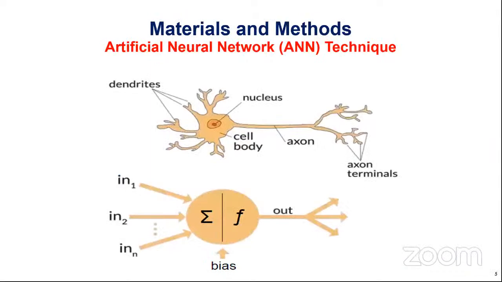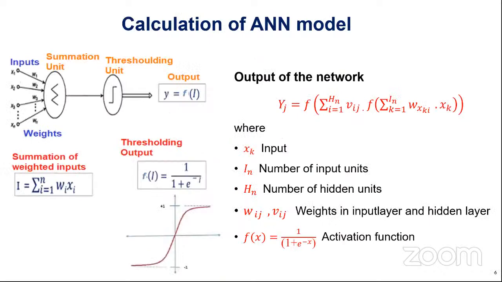In this study, I have used artificial neural network techniques, which is a mathematical model of the human brain. There are a large number of nodes and a large number of calculation steps. The output of the network model, which has one hidden layer, can be given by this formula.